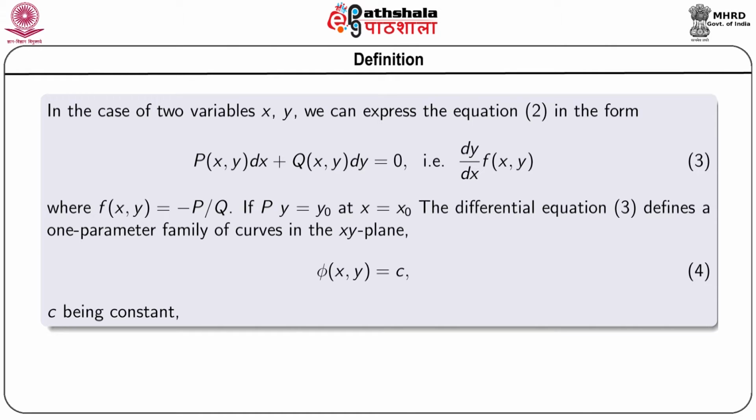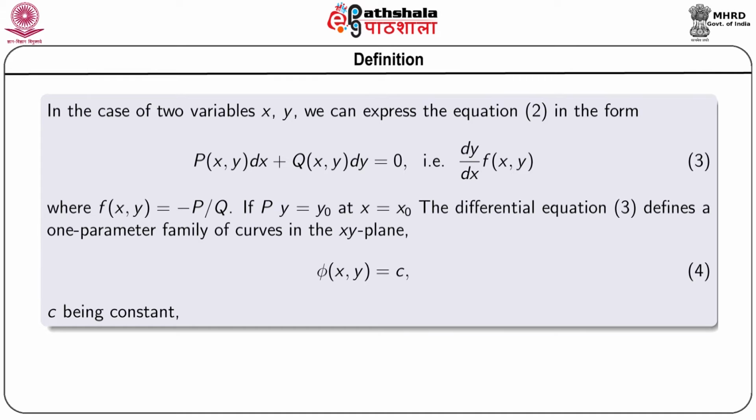Therefore, a Pfaffian differential equation in 2 variables can be written in the form P(x,y) dx + Q(x,y) dy = 0, and this equation can be written in the form dy/dx = f(x,y), where f(x,y) = -P/Q. Now, equation 3 is defined, that means the function f is defined, if P and Q are defined. Therefore, the equation dy/dx = f(x,y) can be defined.